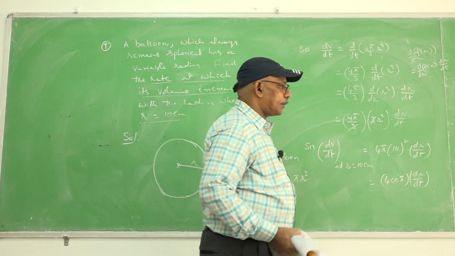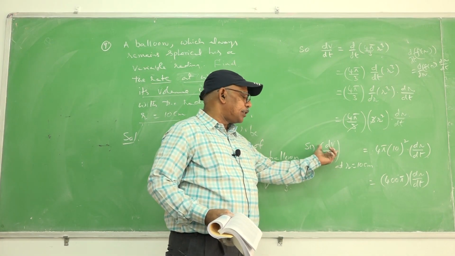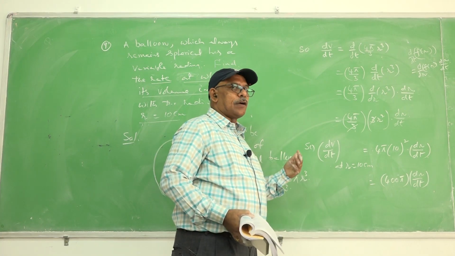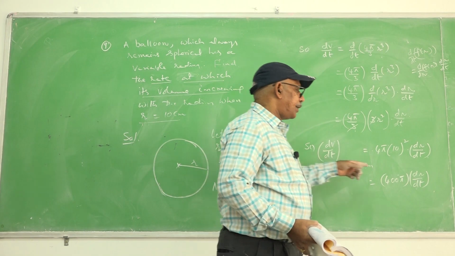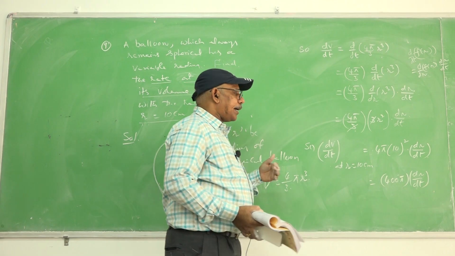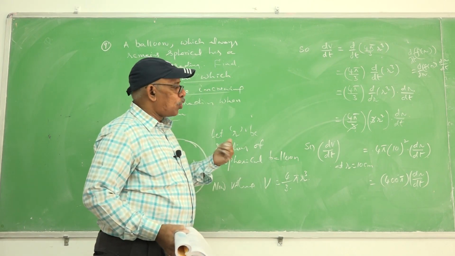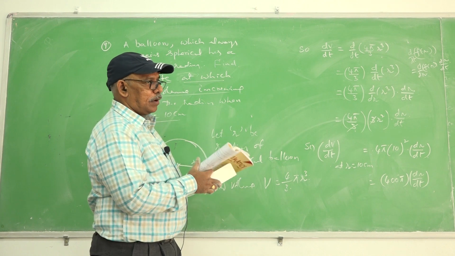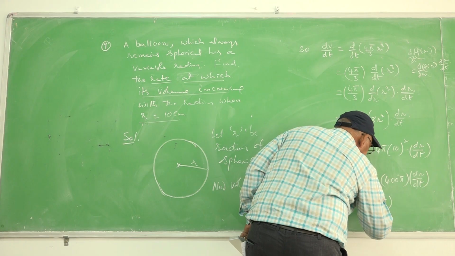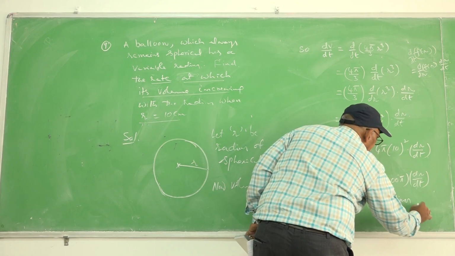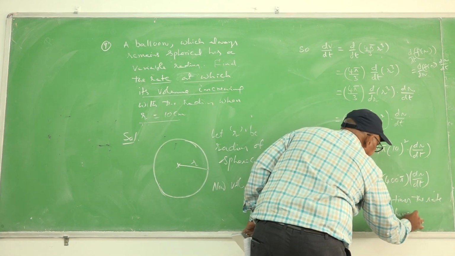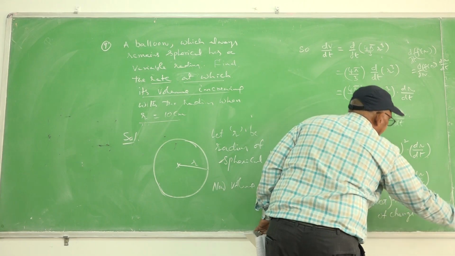So, here we can conclude that the rate of change in the volume of the balloon is directly proportional to the rate of change of its radius, and it is always 400 pi times the rate of change of r, the radius itself.